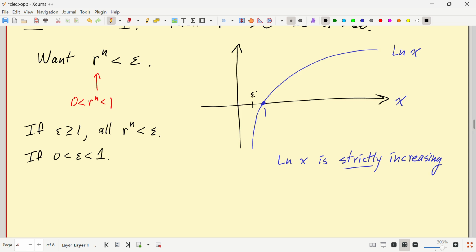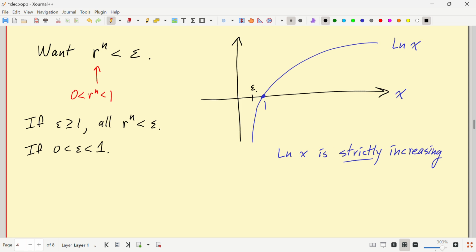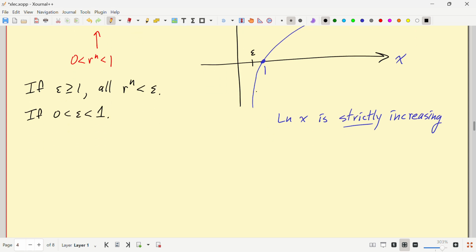And I want my r^n to be less than epsilon. And the fact that this is a strictly increasing thing means that r^n is less than epsilon if and only if the log of r^n is less than the log of epsilon.